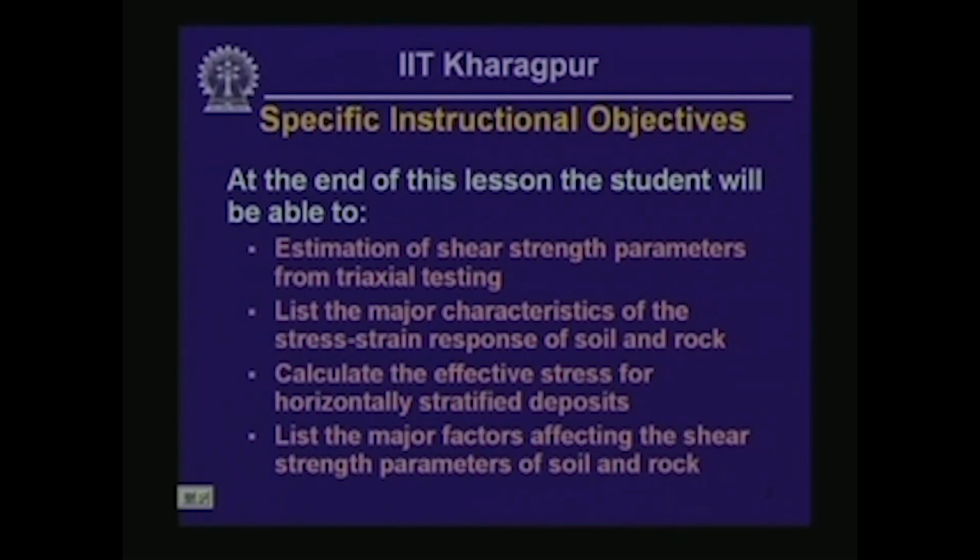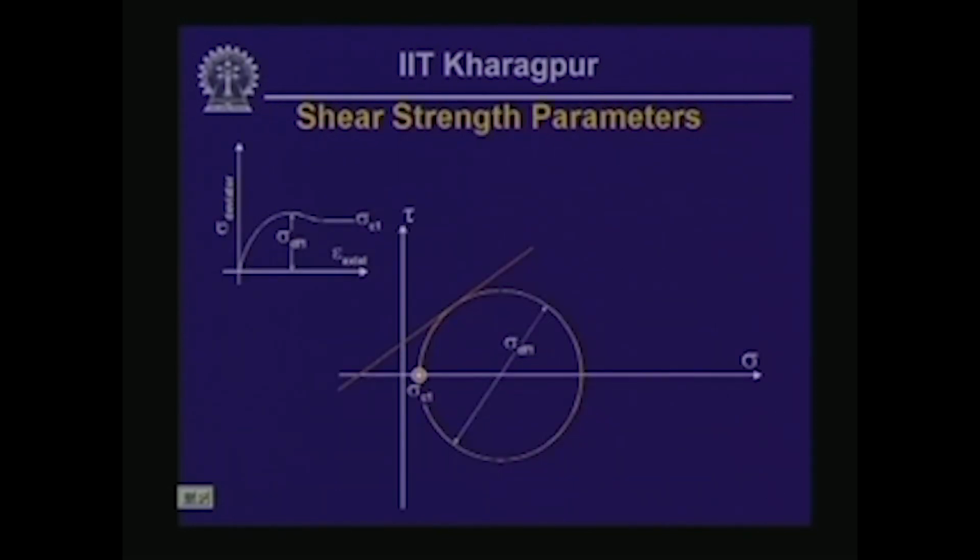We should be able to calculate effective stress for simple geologic stratigraphy, and finally we should be able to list the major factors that affect the shear strength parameters of soil and rock.